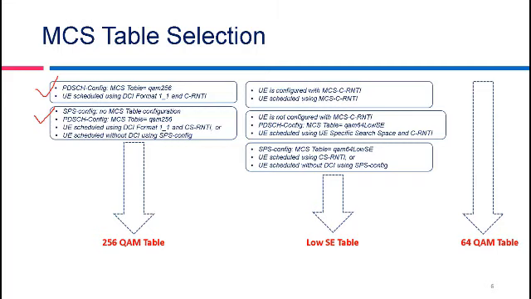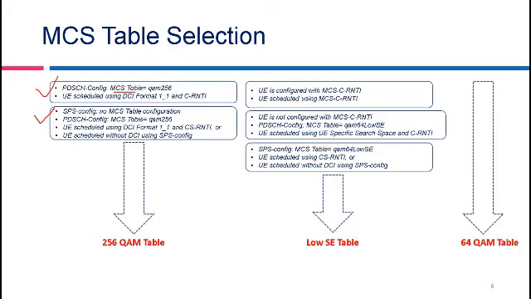In dynamic scheduling, the eNodeB sends PDSCH config as part of RRC signaling, and under this PDSCH config, it indicates the MCS table, which is QAM 256 for 256 QAM table selection.